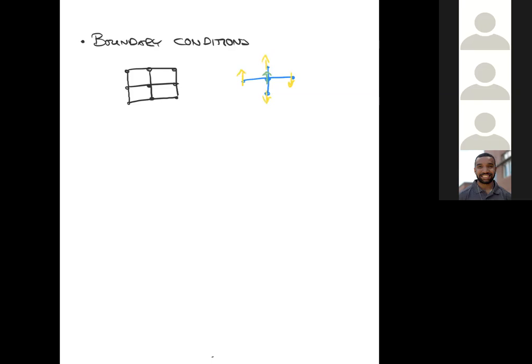But you see that this lattice is so small, there's only one spin that actually has 4 neighbors, and then there's a whole bunch that have 3 neighbors, and then the ones on the corner have only 2 neighbors. So the question is how to best deal with spins that sit on edges.